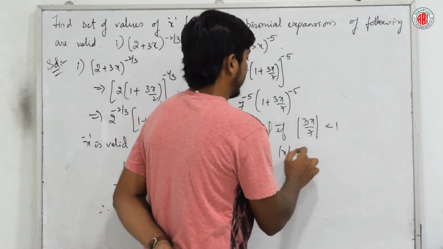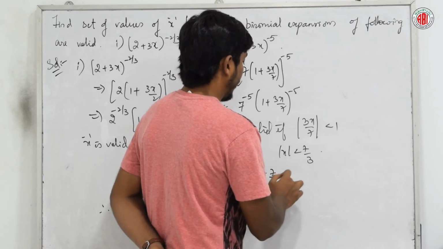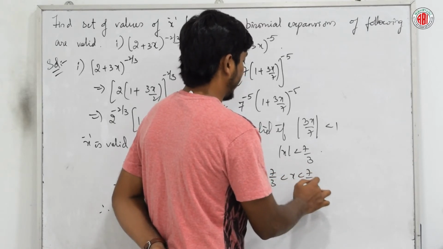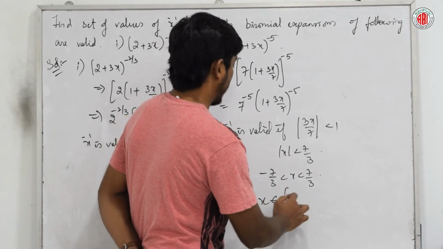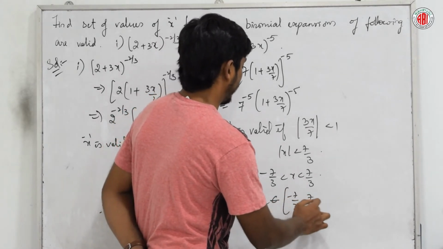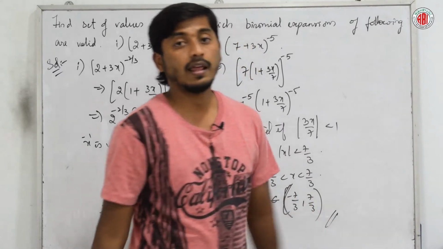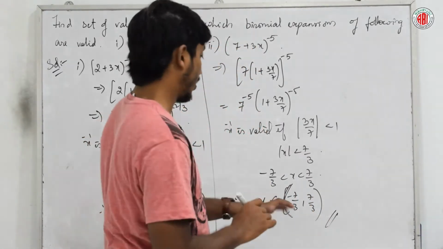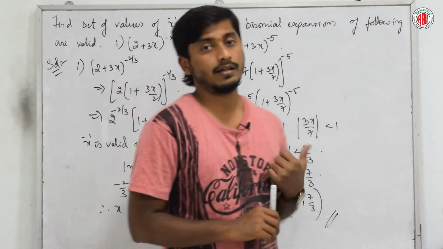Mod x is less than 7 by 3. So obviously it lies between minus 7 by 3 and 7 by 3. Therefore, the values of x are minus 7 by 3 to 7 by 3. This is an open bracket. Clear? Is it simple? This is not a closed bracket. Simply it is an open bracket. Clear? Is it okay?